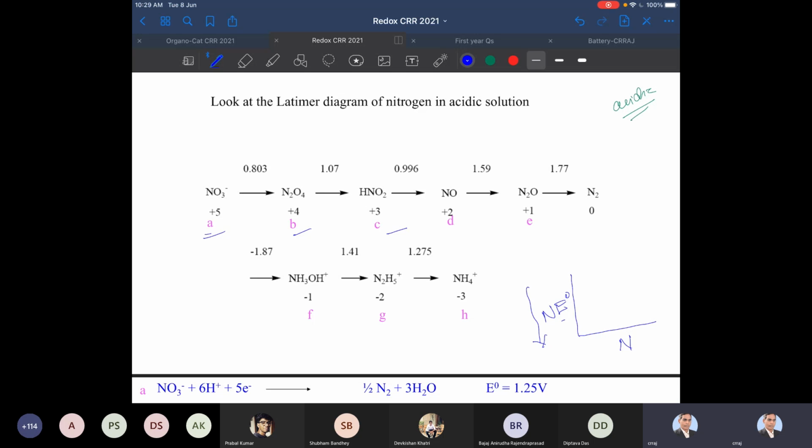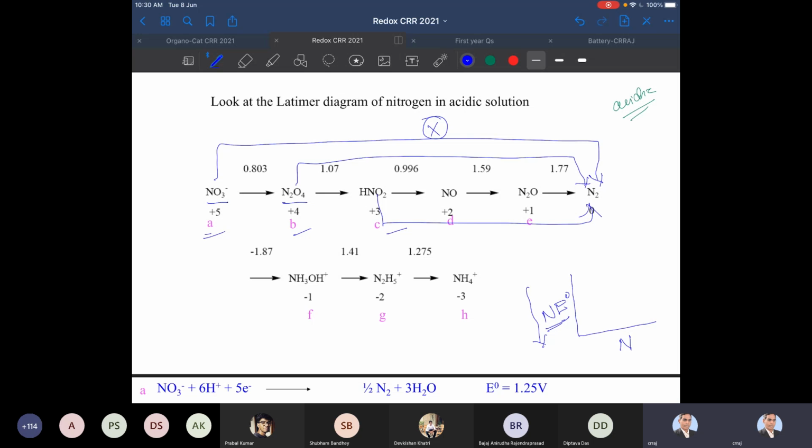Now the nE0 is not the simple potential of NO3 minus to N2O4. It is the potential of NO3 minus to N2. The same is the case for N2O4 to N2, and HNO2 to N2.